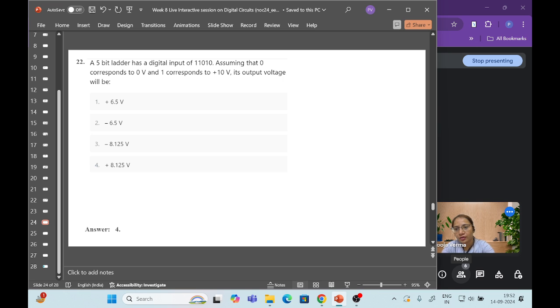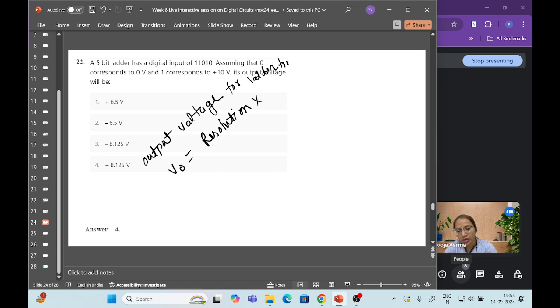We already know that the output voltage for a ladder type digital to analog converter is the resolution multiplied by the decimal equivalent of the binary input.